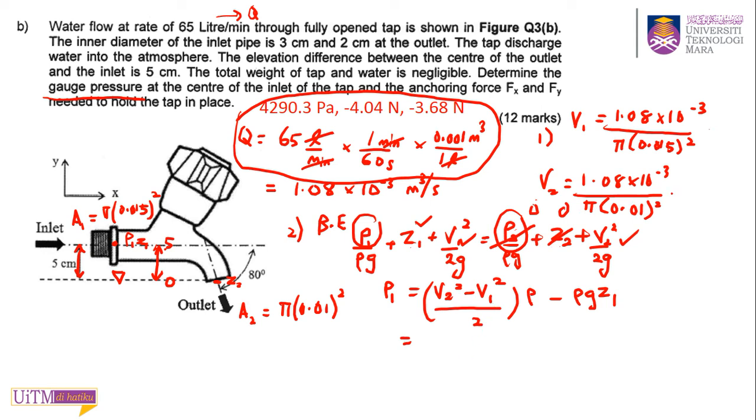Just put everything in. V2, V1, rho water 1000, G the constant, and Z1 is 5 cm, so in meter it is 0.05 meter. What is the value of P1? Did you get the same value? 4290.3.